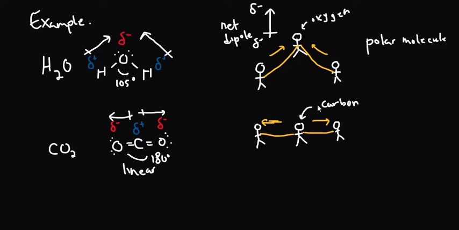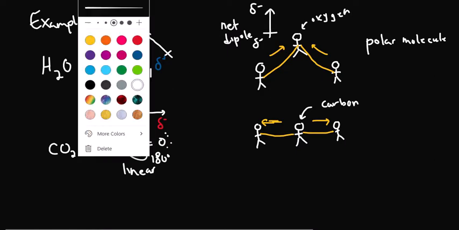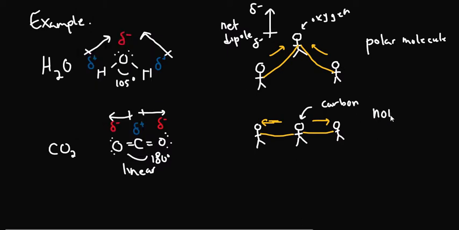And so this is also going to be canceled out in this case. And so these two vectors, these two dipoles, will cancel each other out, and I will have a nonpolar molecule. This molecule is going to be considered nonpolar because the dipoles cancel.